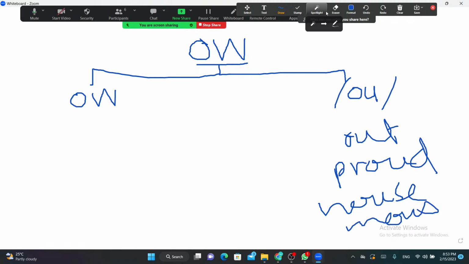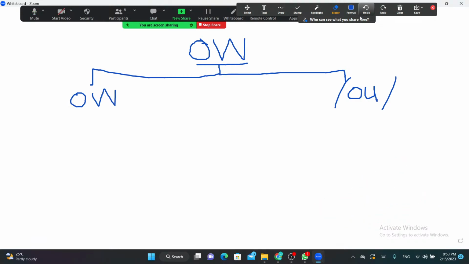We have done this ow, but now OW is saying the ow sound. Remember, whenever I'm using these slashes, it means that I'm saying the sound of the phonogram, right? This is the phonogram and this is the sound. Both are the sounds. Now here, let me make it clear. OW can say the long O sound, or it can say the ow sound as well.